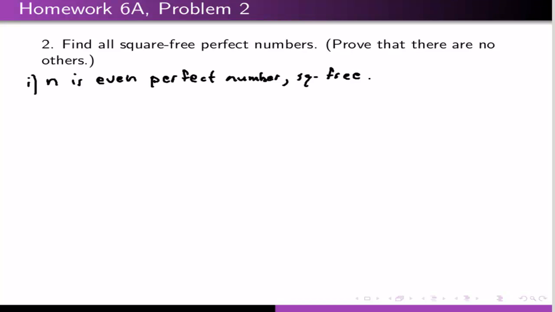Then we have the theorem of Euclid and Euler that characterizes precisely what n looks like, the 2 to the k plus 1 minus 1 type of theorem. And so just use that result. Use the Euclid-Euler theorem.